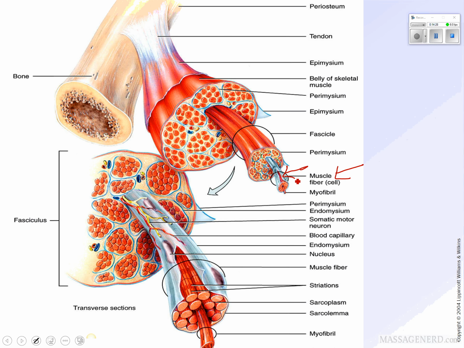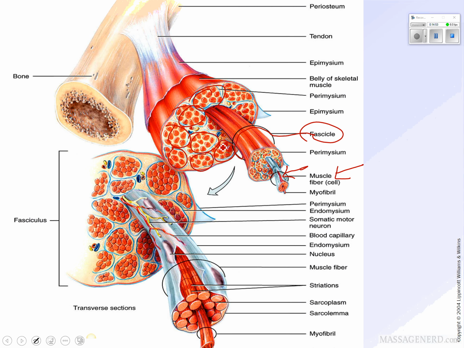Then you have a bunch of those muscle fibers that make up a fascicle. It surrounds it here and tells you that's a fascicle here. But it's, of course, surrounded by the middle layer, which is the perimysium. And then you have bundles of fascicles here. Those bundles of fascicles, of course, are going to be surrounded by the epimysium.